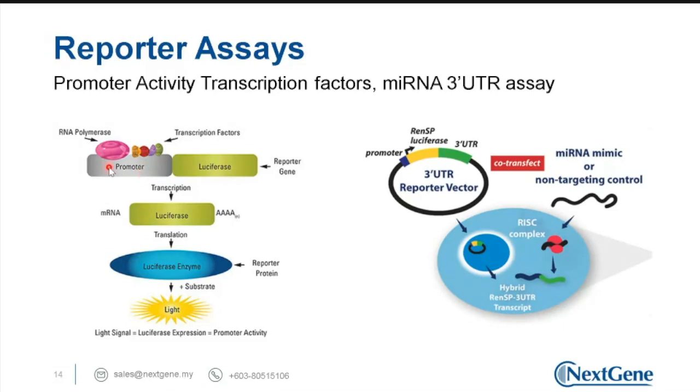If the promoter is activated, luciferase mRNA will be produced, followed by luciferase enzyme. With the addition of the substrate, we will detect luminescent light. This shows that the agent or treatment that we added is activating the activity of the promoter.